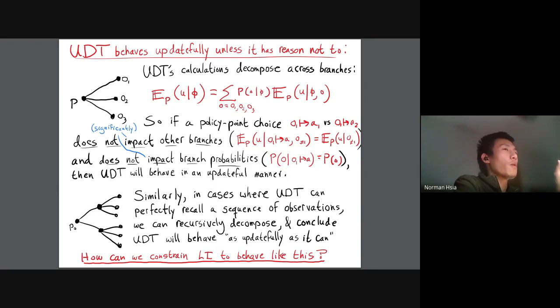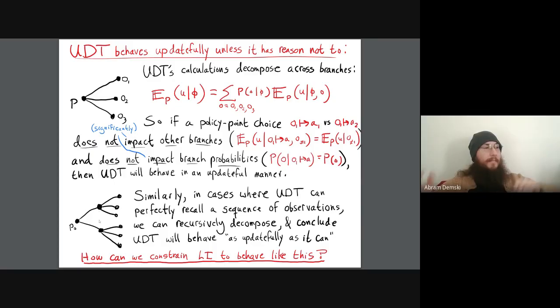Like what would be an event, like event A or B? Like would it be two histories, history A or history B?